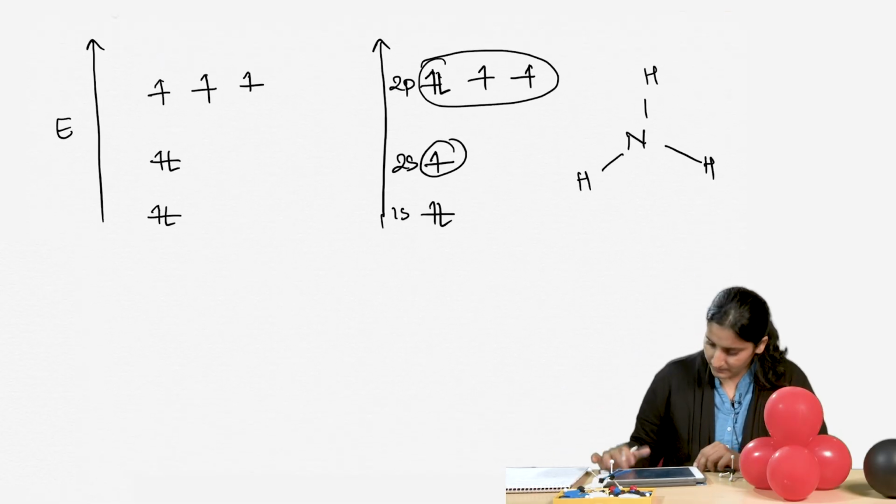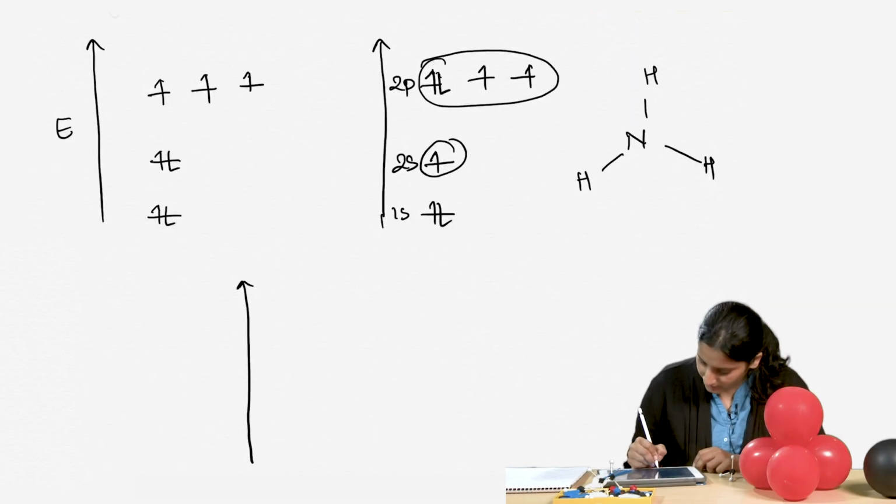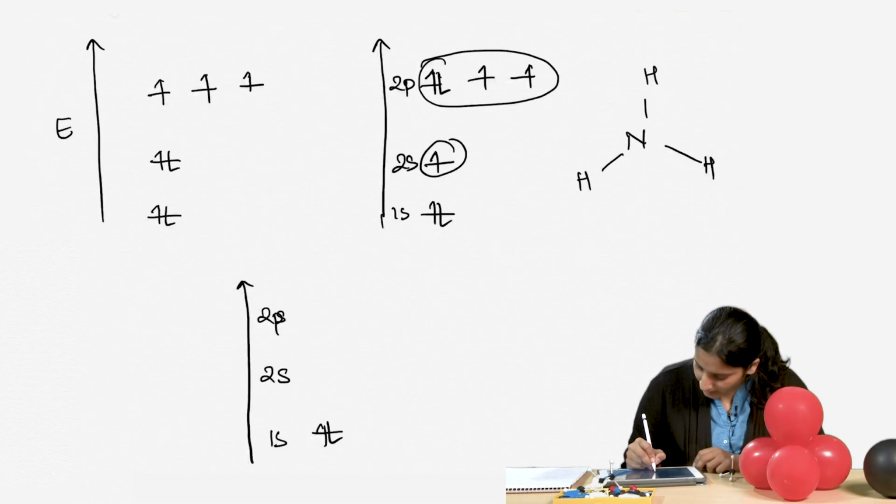Now what I am going to draw here is the hybridized state electronic configuration of nitrogen. I have the 1s orbital completely filled, and then between the 2s and 2p levels, I now have 4 of these sp3 hybridized orbitals.